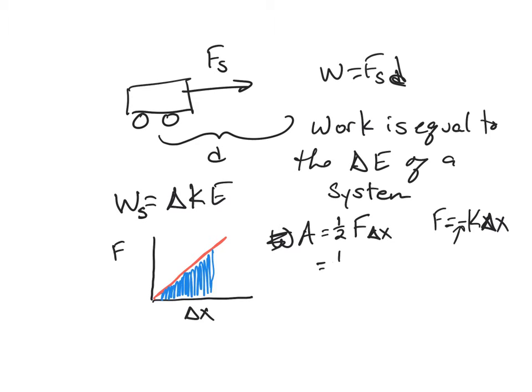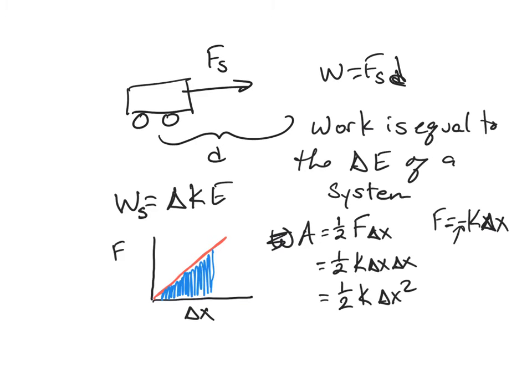So we can say A equals 1/2 k delta X times delta X, which is equal to 1/2 k delta X squared, which is our elastic energy equation.